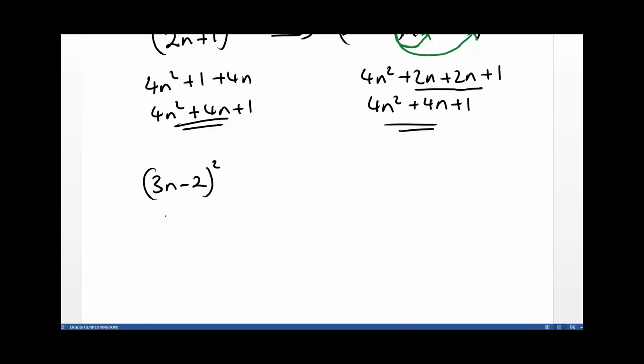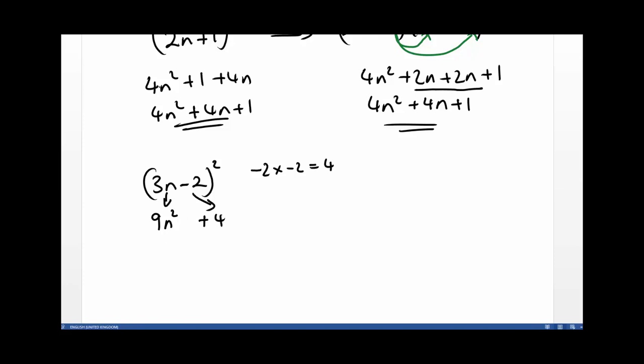We're going to do the shortcut version now. 3n, we're going to square the first term. That's going to give me 9n squared. I draw an arrow so you know where it's coming from. We're going to now square minus 2. Minus 2 times minus 2, let me write it out because some of you are going to ask me. Minus 2 times minus 2 is positive 4. That's going to give me plus 4.